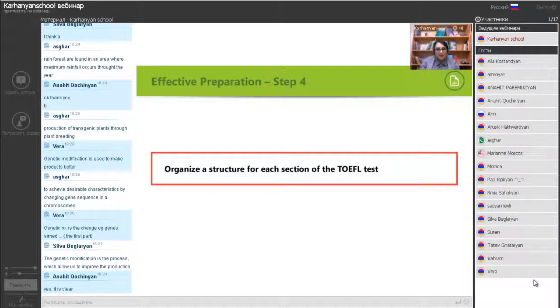Reading has its own structure, listening has its structure, and when you have speaking, you structure your speech. For writing, you give a beginning, the introduction, you give the body, and you give the conclusion. This is how you can structure it, but don't overdo it, okay?